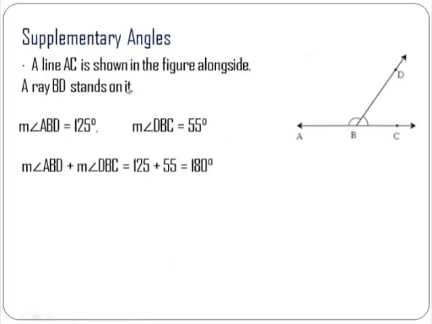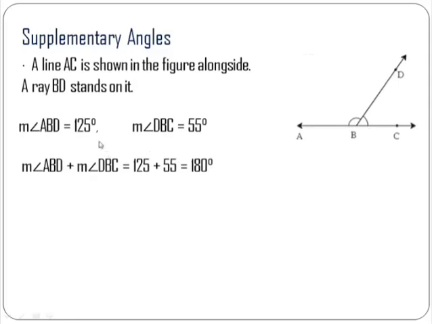Now supplementary angles. Here line AC is shown in the figure alongside and ray BD stands on it. From the figure, if you measure using a protractor from the textbook, you will find the measure of angle ABD is 125 degrees, whereas the measure of angle DBC is 55 degrees.